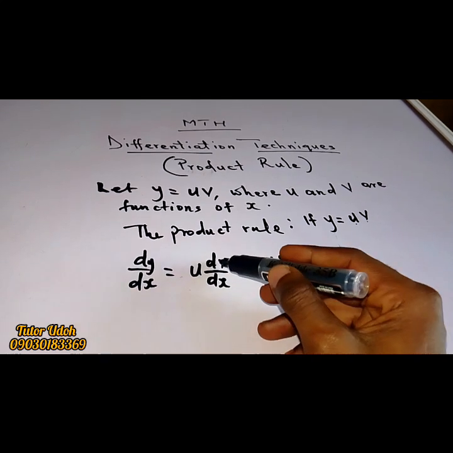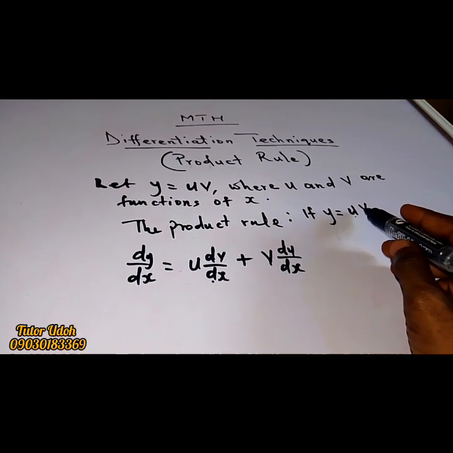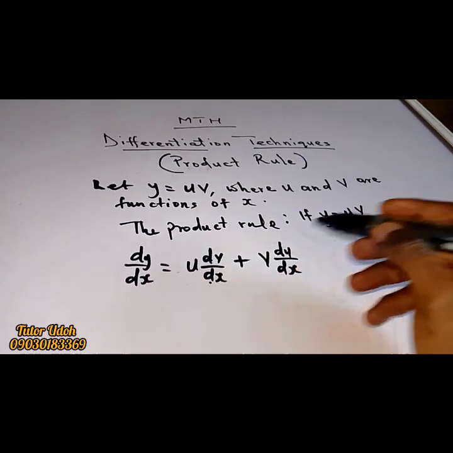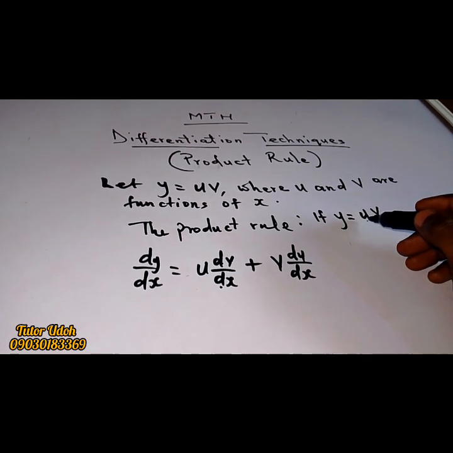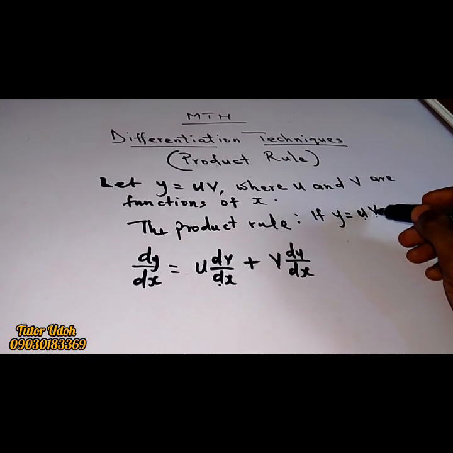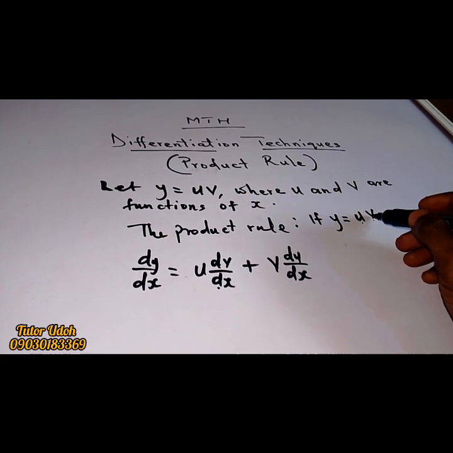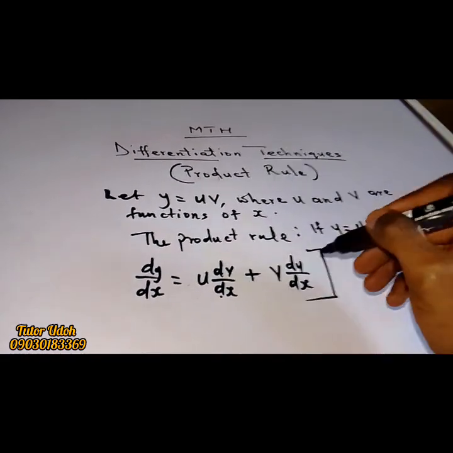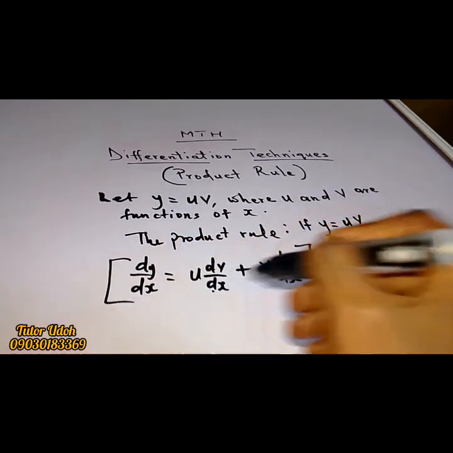That's u times dv/dx, which is the derivative of v, then plus, we will now find the derivative of u and multiply it by v. So this is the product rule.